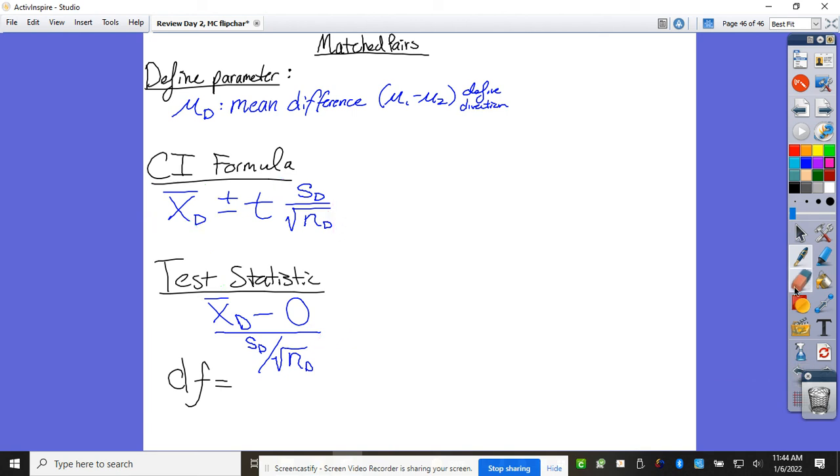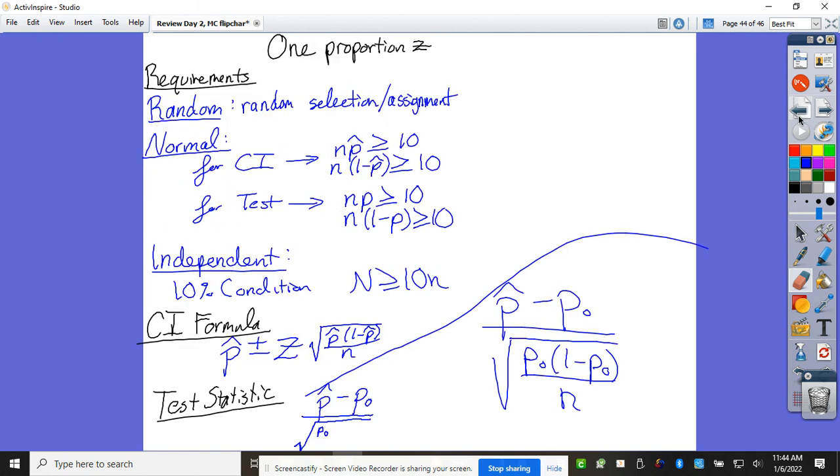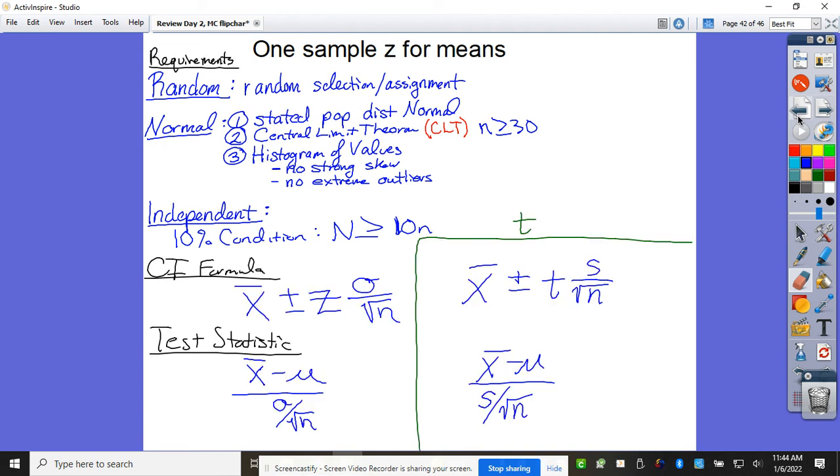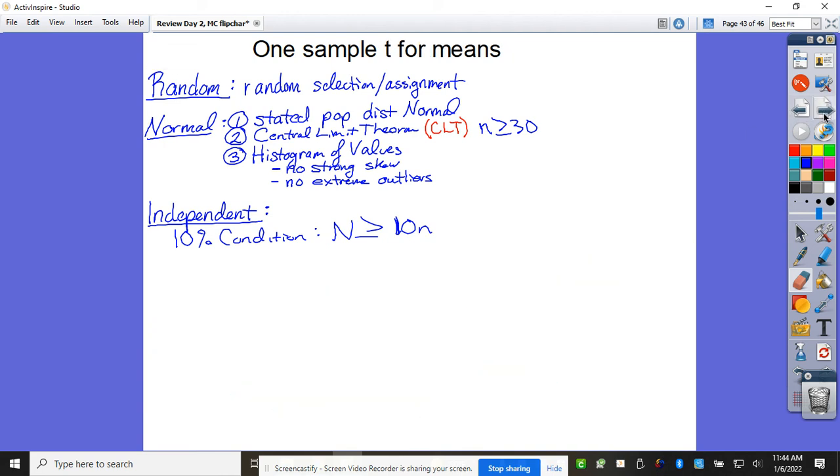And then what is my degrees of freedom for matched pairs? Because I'm dealing with, is that right? I didn't write this one, did I? Is that what somebody was asking about? I was trying to copy this page and I didn't write degrees of freedom for this one.